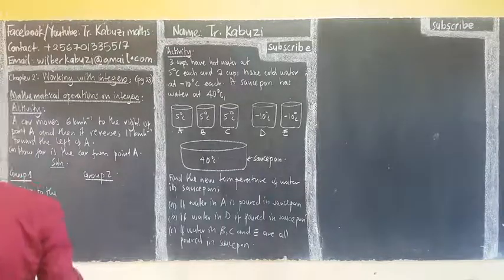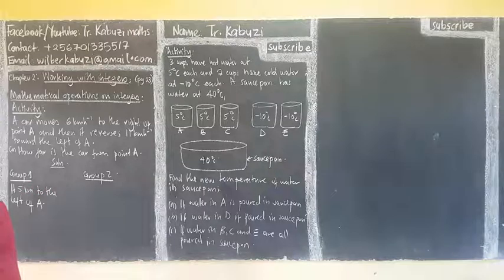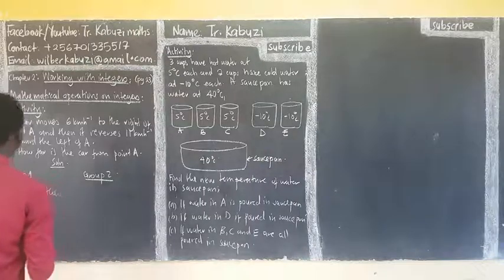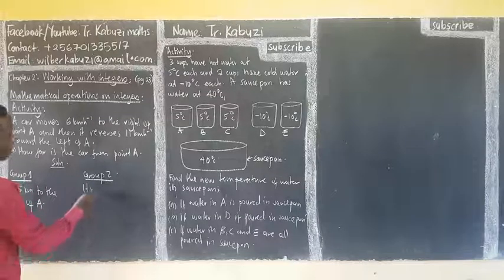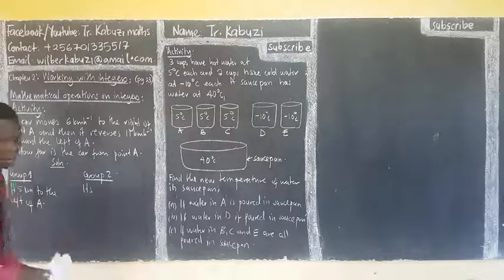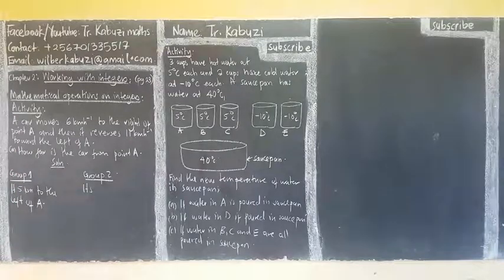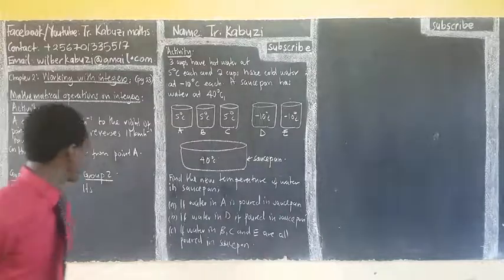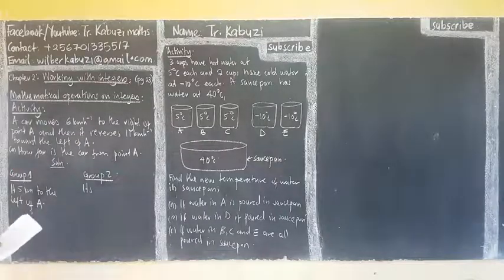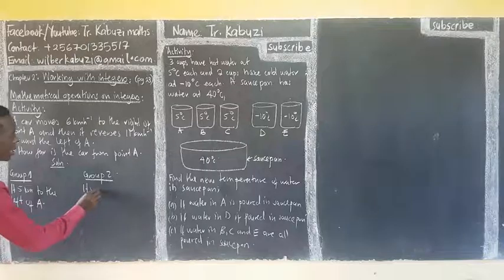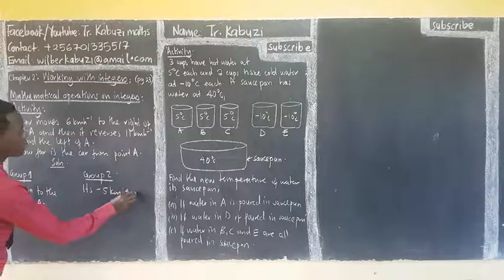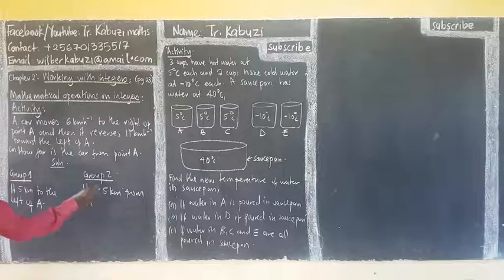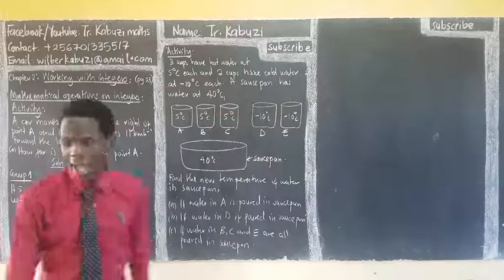Then group 2, they are saying it's negative 5 kilometers from A. So, these are the 2 answers we have.